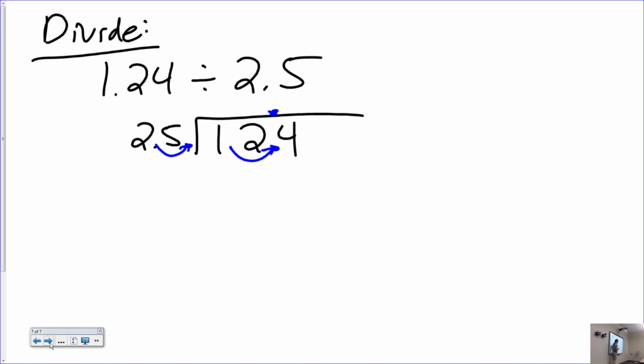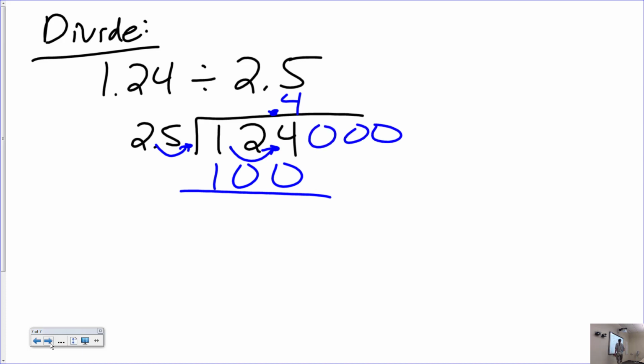And now we do regular old division, right? So can 25 go into 12, folks? No, right? So there's no whole number. Can 25 go into 124? Yes. How many times? 4. 4 times 25 is 100. Remember, you get as many zeros as you need. How many times does 25 go into 240?